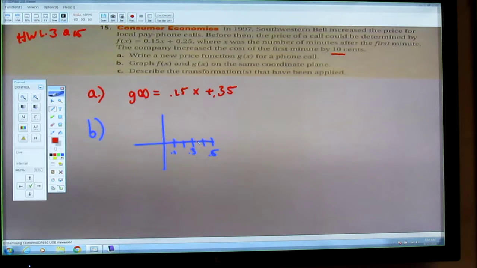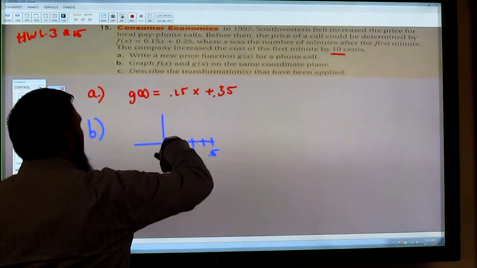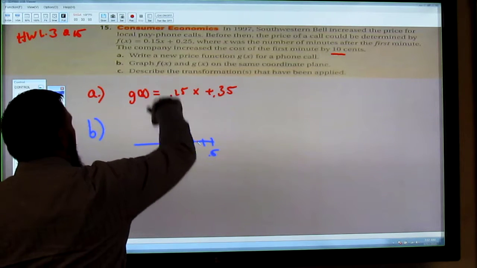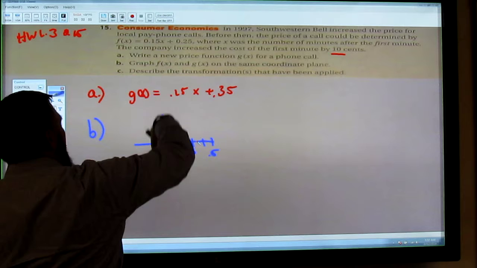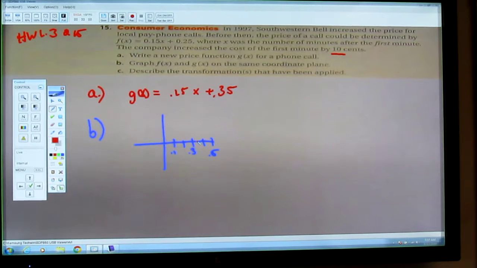And how are we going to have our graph? It's at plus 35, so we actually want that to be up here too. We want to go plus 35 and then up 0.15 over 1.